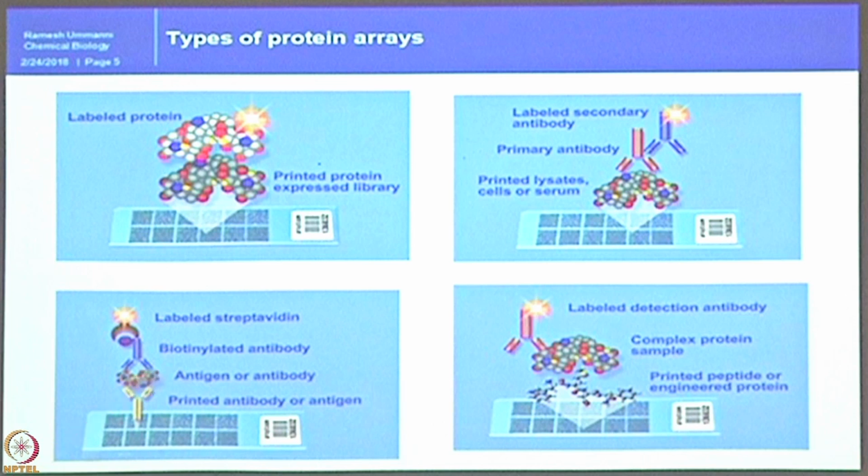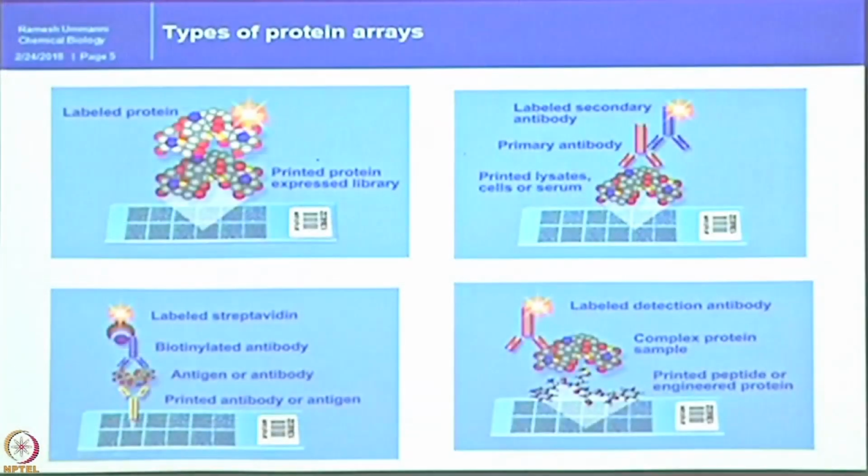This protein is not labeled here, which is why we need a detection antibody. The detection antibody can be any biotinylated antibody or any of your choice. Then you can detect the protein captured by the capture antibody by looking at the signal. I will explain the different signaling methods that can be used. And this is the real approach we are going to talk about for the next half hour or 45 minutes.